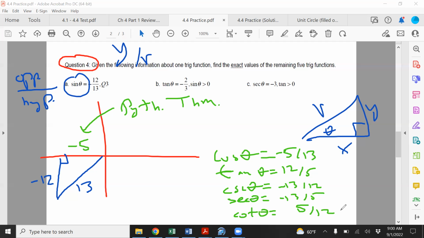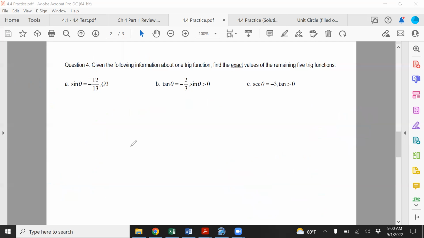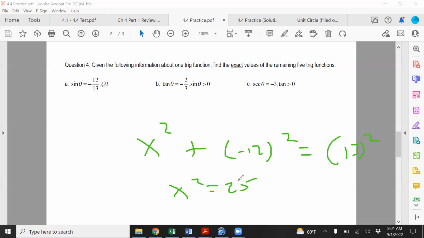Wait, really quick, I got root 13 when I did the Pythagorean theorem. For this one? Yeah. So you would have x squared plus -12 squared equals 13 squared. If you do that correctly, x squared should equal 25. Yeah. x should be 5.